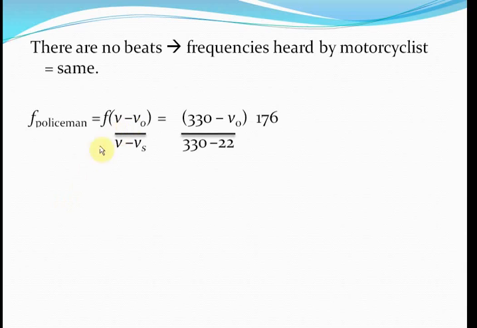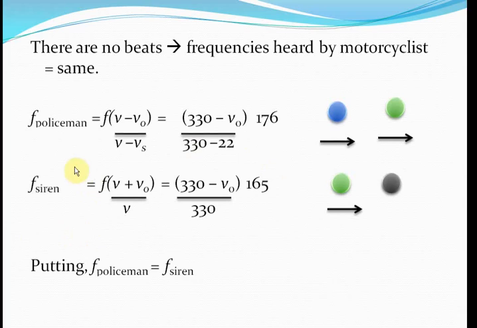We've written v minus vs because the source, that is the policeman, is moving towards the observer, that is the motorcyclist. f, the frequency of the original waves emitted by the policeman, is given to be 176 Hz. After making the appropriate calculations, this is the expression that we obtain. Here we see the motorcyclist and the policeman.